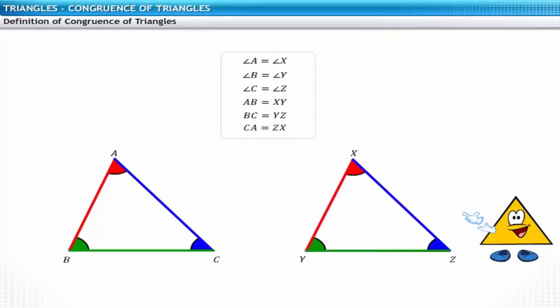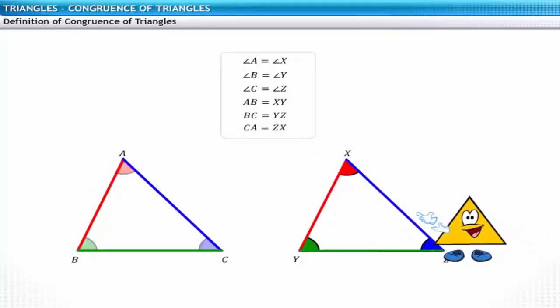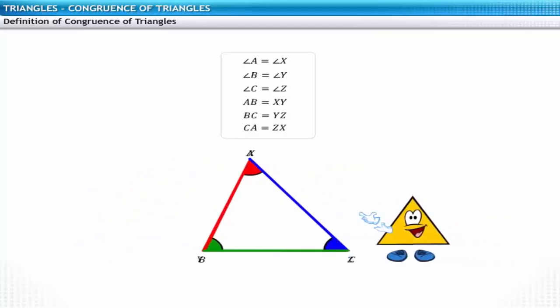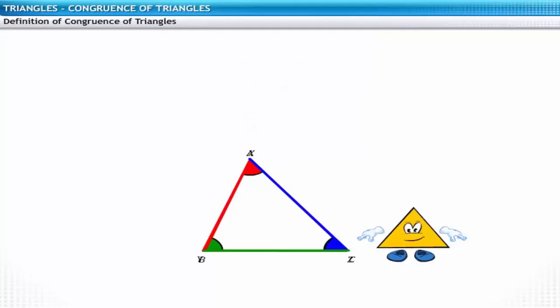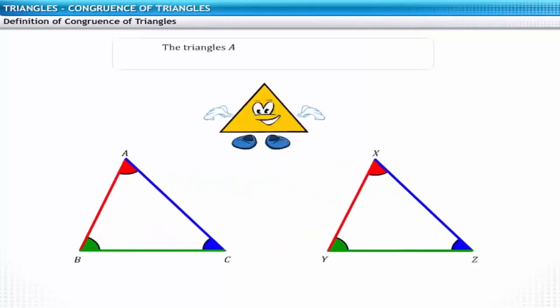Here you see that the sides of triangle ABC coincide with the sides of triangle XYZ. The angles of triangle ABC cover the angles of triangle XYZ. So we can say that the triangles are congruent, and they are denoted by the symbol.